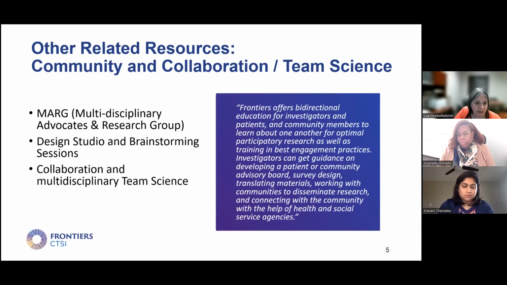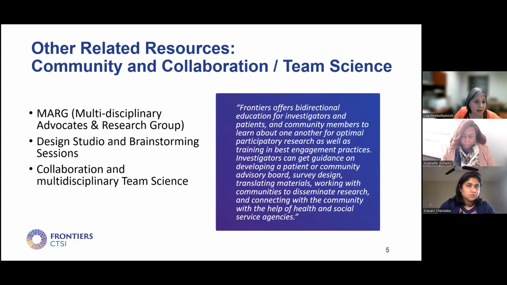I also wanted to mention the Community and Collaboration Core. While we don't have time to touch today on the tremendous importance of community engagement, collaboration, and making sure that our studies are broadly accessible to everyone, there are great resources available on the Frontiers website, the Community Collaboration Core.